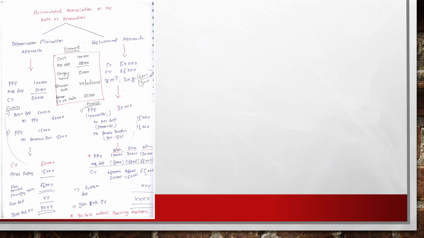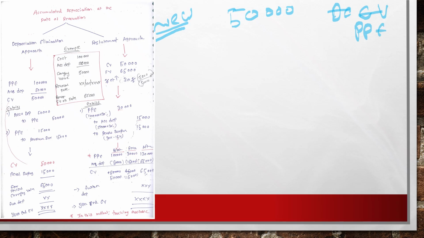50,000 is your new carrying value, or else PPE value. There is no accumulated depreciation now because it's already reversed, right? So it is 50,000. Now your revaluation value is 65,000. So you should increase your PPE because your asset has been increased.